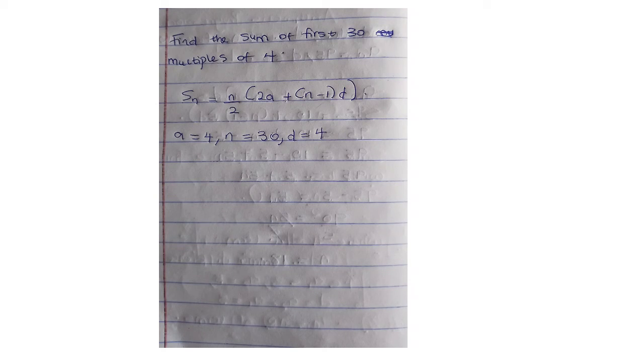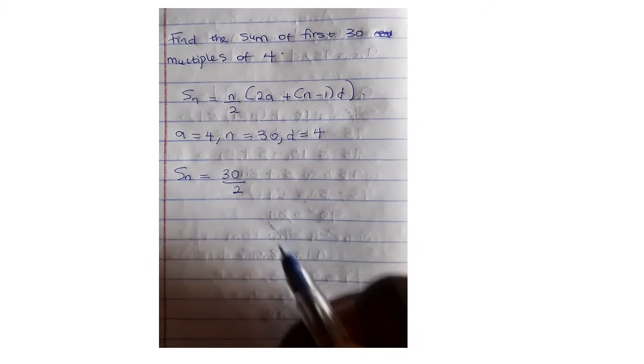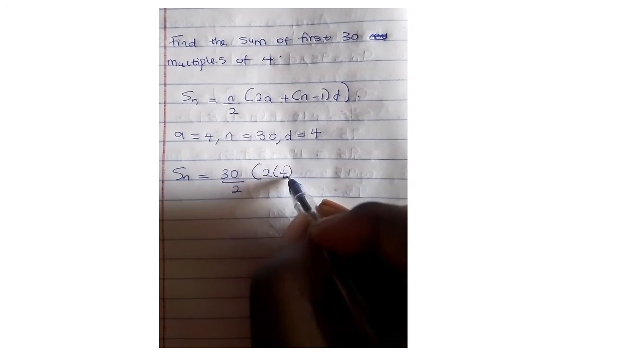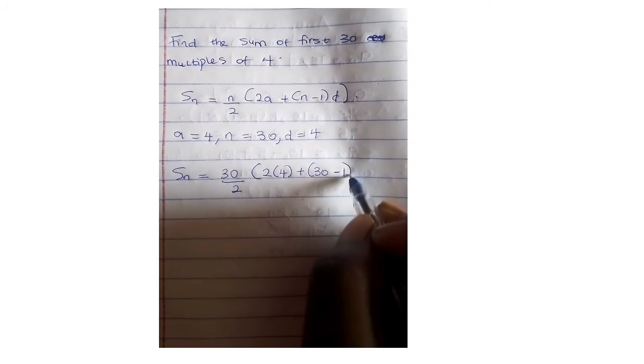So we're going to input this right into the equation given to us. So we're going to have Sn to be 30 over 2 into 2 times 4 plus 30 minus 1 times 4.